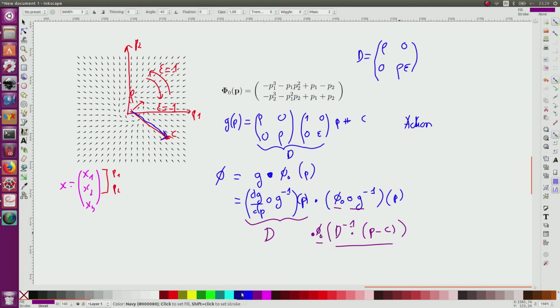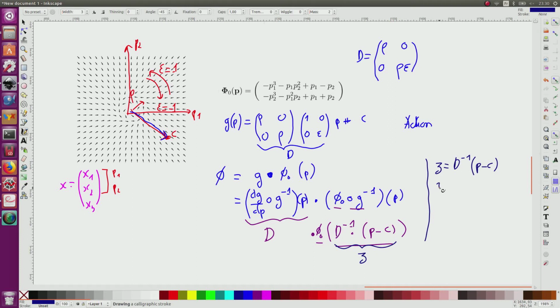So when I implement it with Python, I will do as follows. I will write Z equal D minus 1 multiplied by P minus C. So here it corresponds to Z.